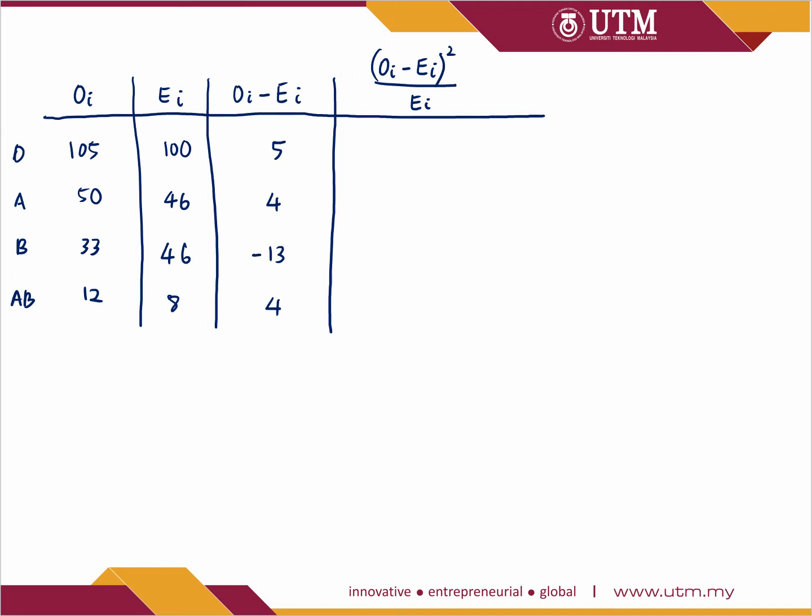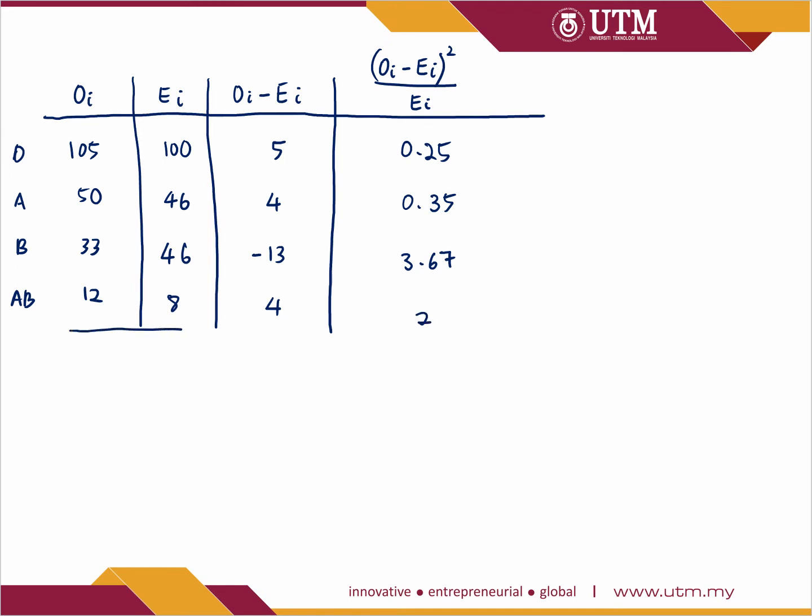This one would be 5 squared over 100, which is 0.25, and then 16 over 46, which is 0.35, and then negative 13 squared over 46, and the last one is 4 squared divided by 8, which is equal to 2.